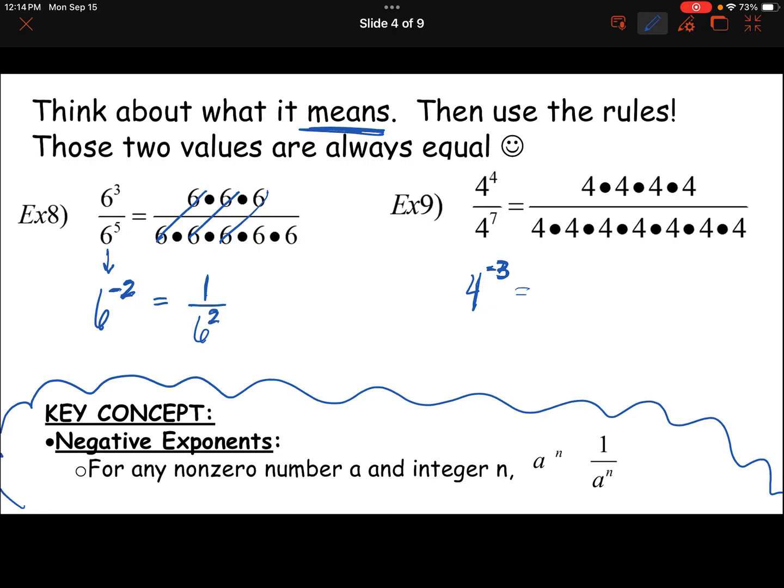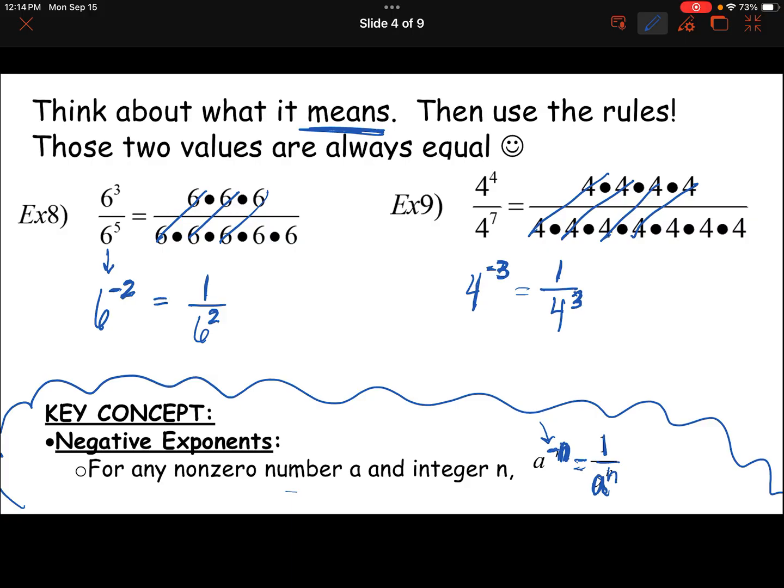In number 9, if I write out what it means with the rules, 4 to the negative 3, if I cancel the factors, it means I have 1 over 4 to the 3rd. The key concept says for any non-zero number, integer n, a to the negative n, this didn't copy over on the PowerPoint correctly. Anytime you have a negative exponent, you get 1 over a to the n.